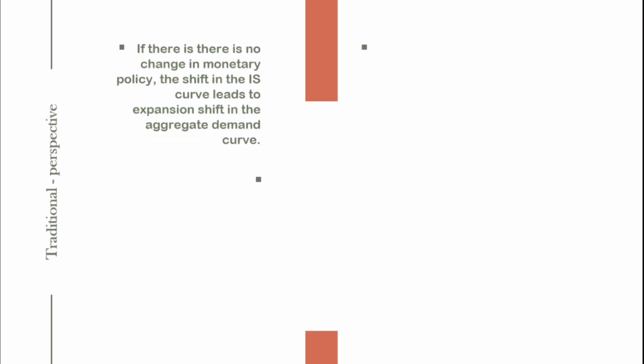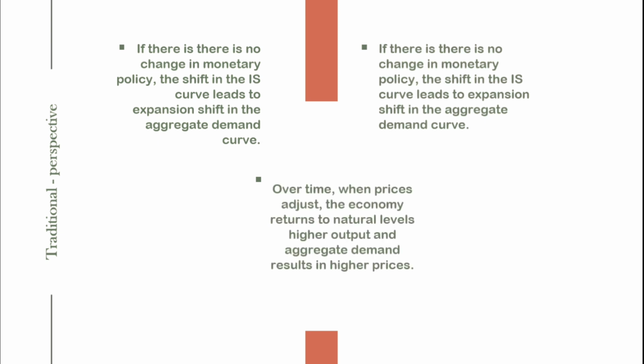The second point: if there is no change in monetary policy, the shift in the IS curve leads to an expansionary shift in the aggregate demand curve. The third point: over time, when prices adjust, the economy returns to its natural level of output, and higher aggregate demand results in higher prices.